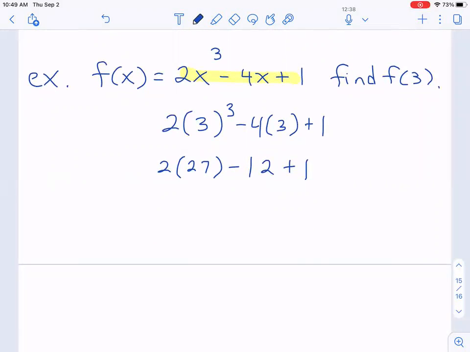So 2 times 27, that's going to be 54 minus 12 plus 1. All right, 54 minus 12, that's going to be 42, right? Plus 1 would be 43. And so our answer is 43.